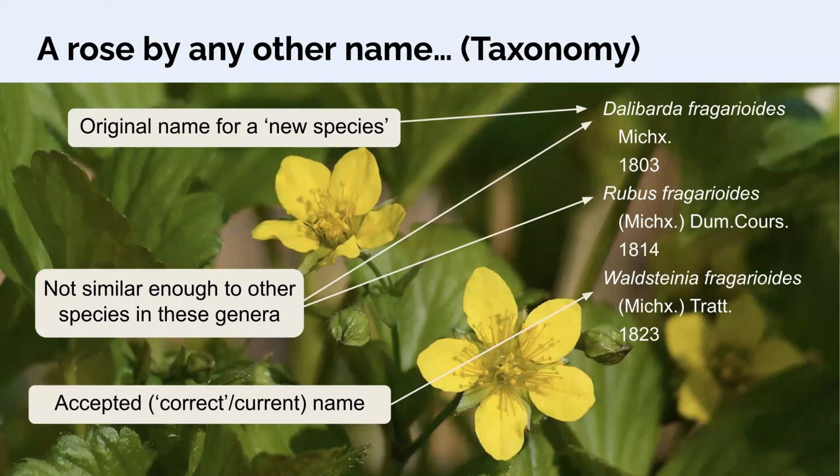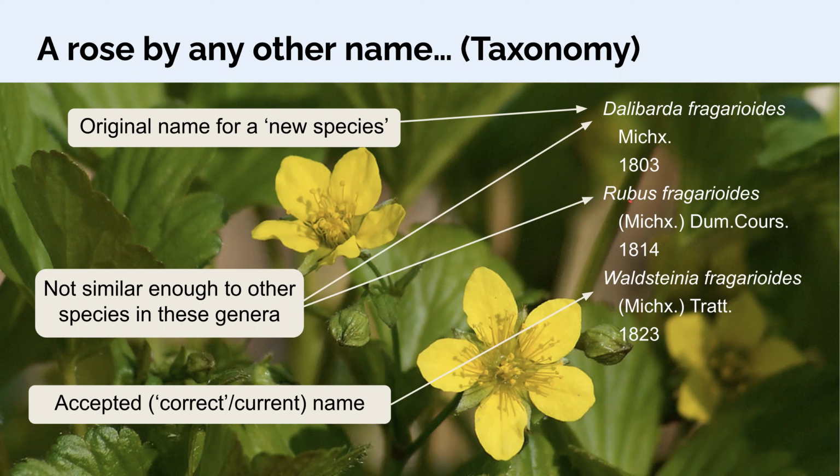So we've got one plant, and it's been over many years here. You can see a variety of years here. From 1803 to 1823, this same plant species was put in a variety of different categories. So that first name of its two-name species name, this first word, is the genus name. So Dalibarda fragarioides, said this person, Michaux, said it should belong to this genus Dalibarda.